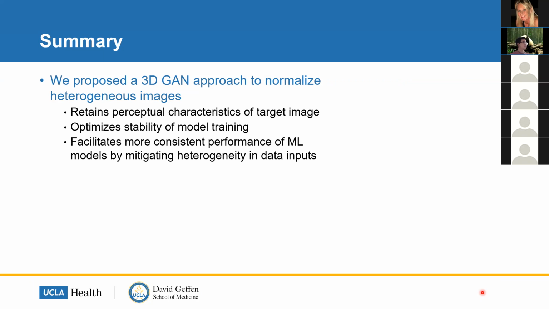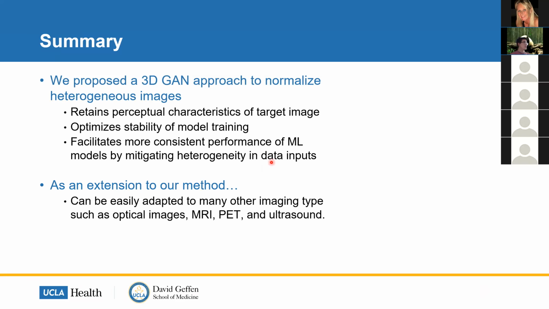This facilitates more consistent performance of ML models by mitigating the heterogeneity in the input data. As an extension to our method, we can easily see that this GAN approach can be adapted to many other imaging types, such as optical image, MRI, PET, and ultrasound. So it's not only limited to the CT modality here.